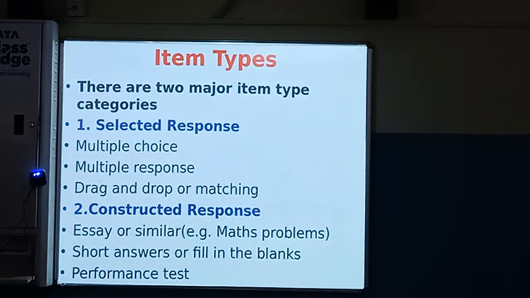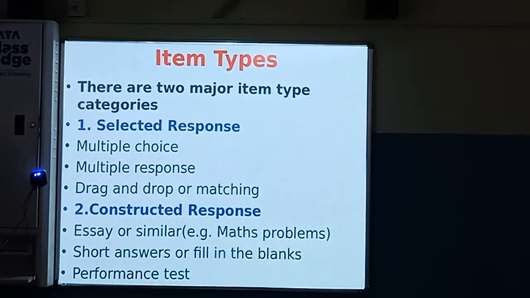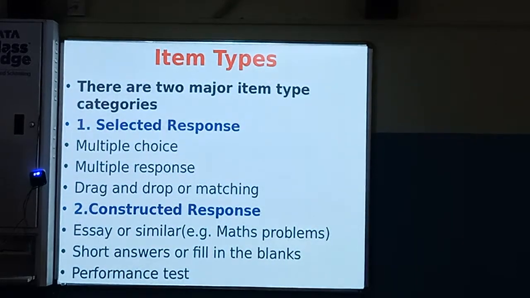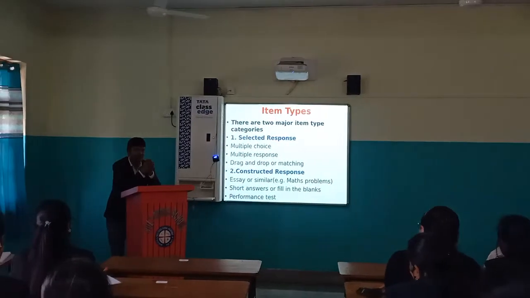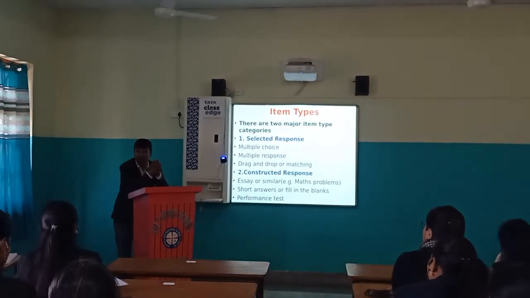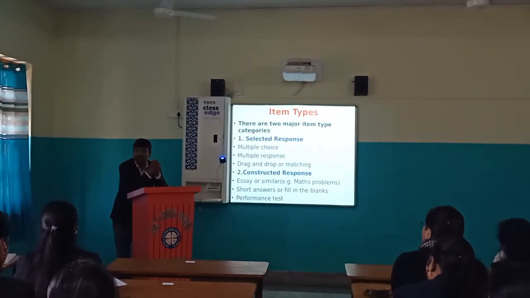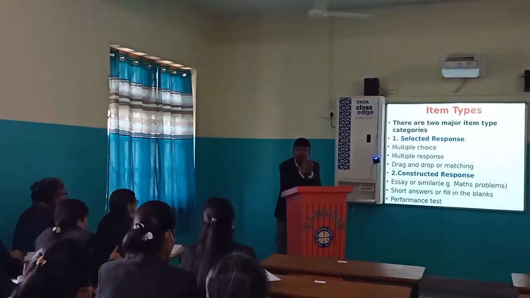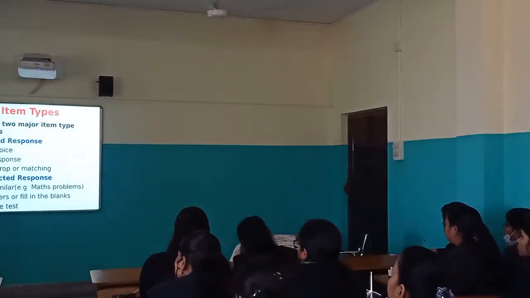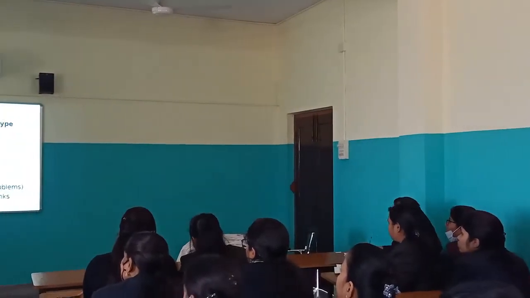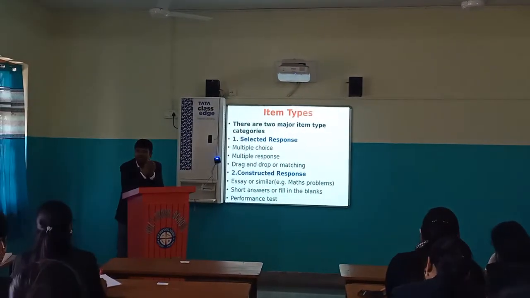I will give you one example. In the higher secondary section, we have the physics practical exam, or chemistry practical, bio practical, or physical education practical. In such practicals, the students need to perform. For example, in physical education, when there is a physical test in the form of long jump or high jump, students need to perform.